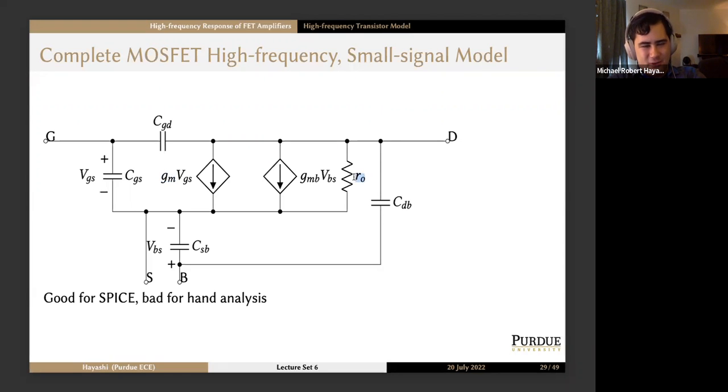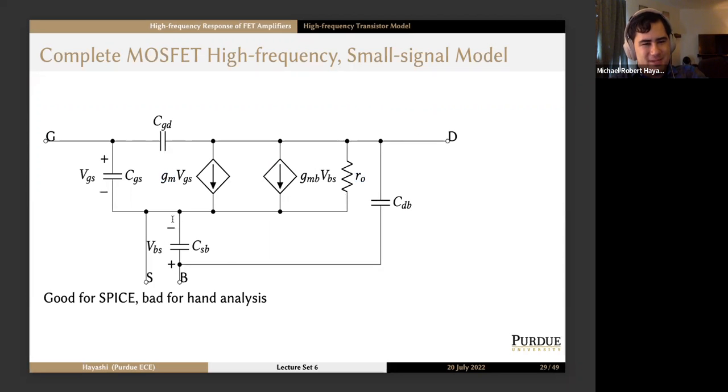We have our normal early effect output resistance r naught between drain and source. Also between gate and drain, we have CGD. We've included the body terminal separately, so we need CSB, its capacitance, and CDB, its capacitance.